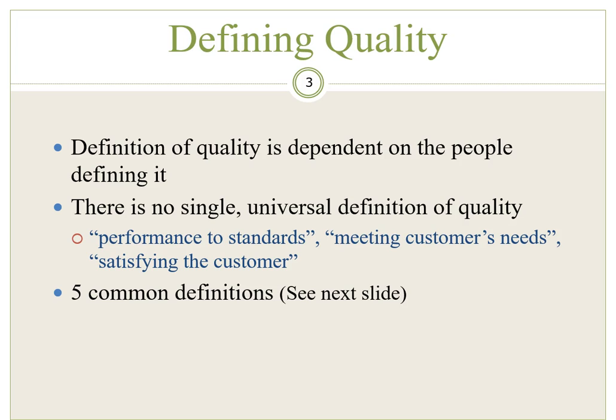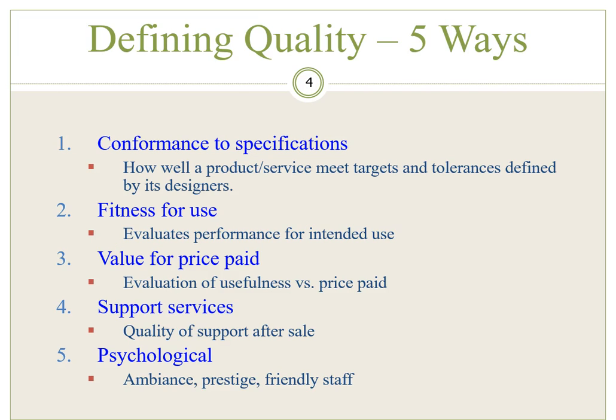Although there is no single universal definition of quality, some people view quality as performance to standards, while others view it as meeting the customer's needs or satisfying the customer. There are 5 common definitions that exist, so let's take a closer look at those.